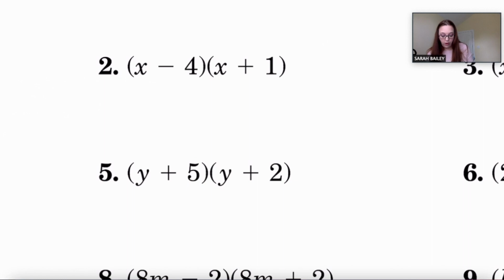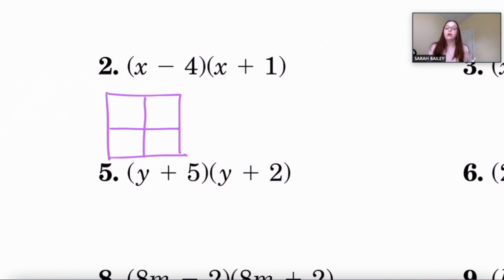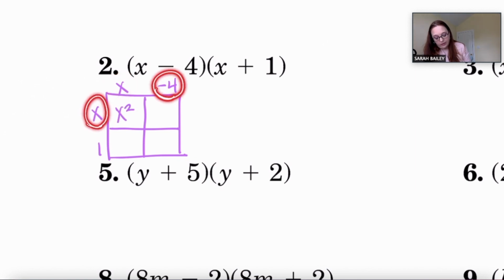So I'm going to do the box method. I'm making a 2 by 2 box because I have two binomials. I'm going to let this be x, and then negative 4. This can be x, and then positive 1. So when I multiply, x times x gives me x squared. Then x times negative 4 gives me negative 4x.